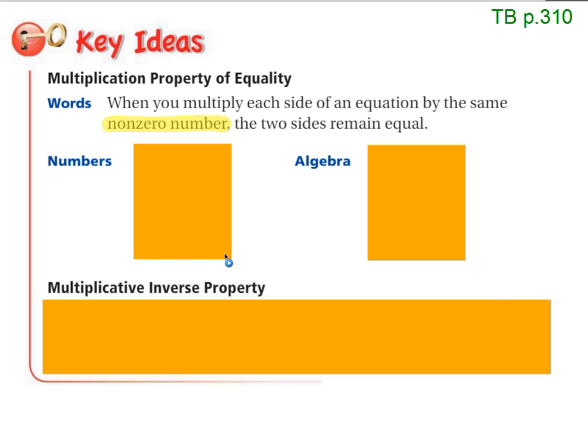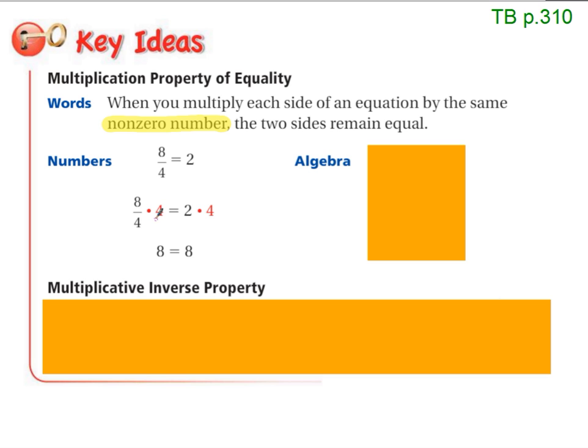So on our number side example, I have 8/4 equals 2. Now, we've talked multiple times about how a fraction bar simply means divided by. So 8/4 equals 2 means 8 divided by 4 equals 2. Now, the way that we get rid of the dividing by 4 is to multiply both sides by 4.